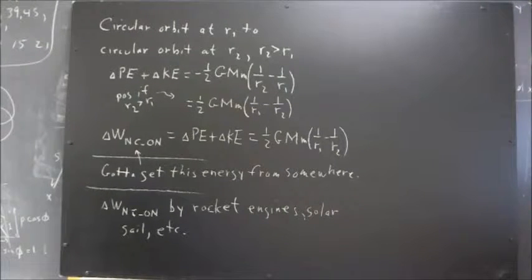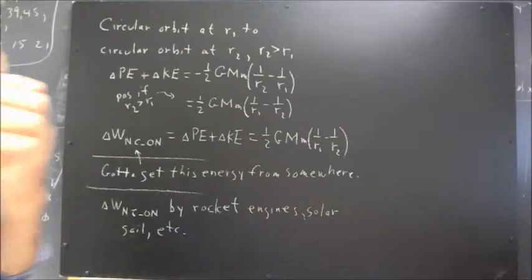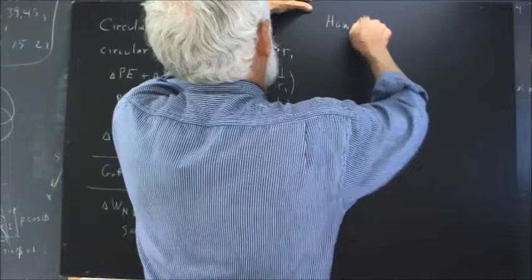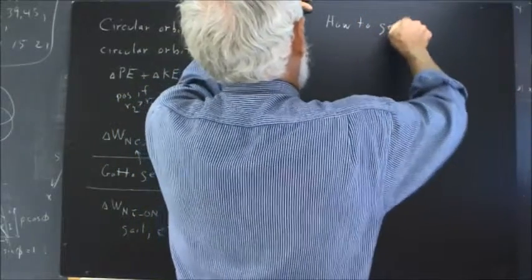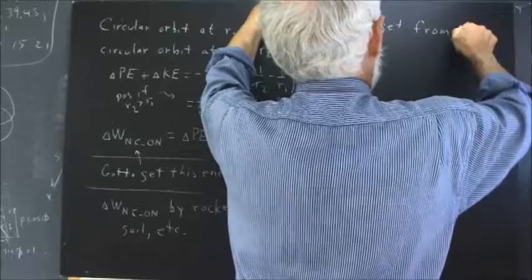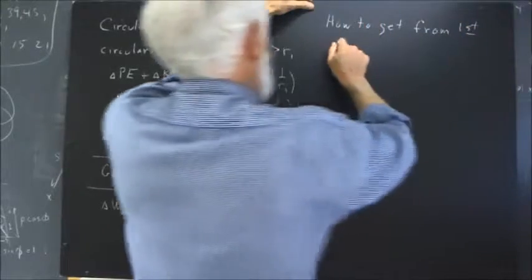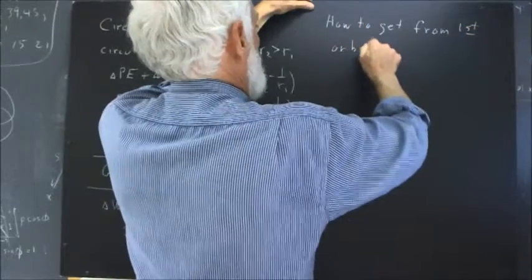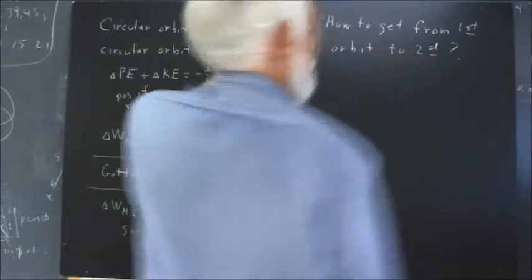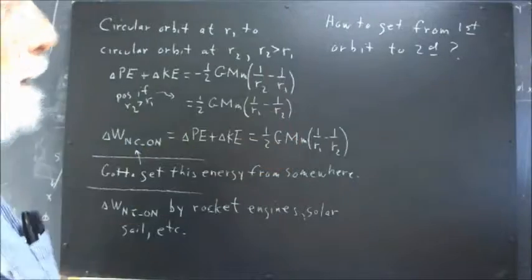One thing I do want to do, though, is think about how we would go from one circular orbit to another. So my next question is going to be how to get from the first orbit to the second. We don't just drive from here to there.